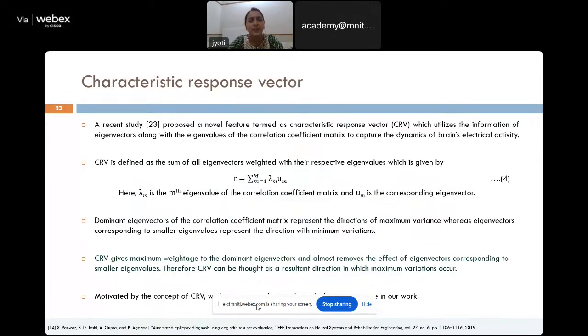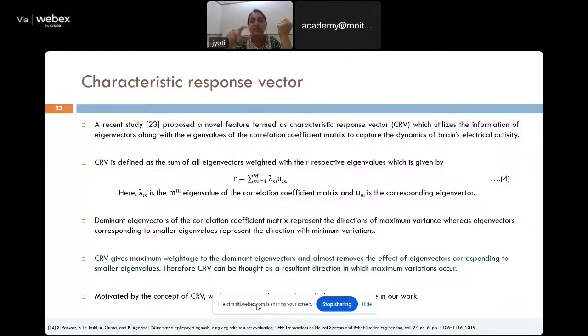The next is a very new phenomenon called the characteristic response vector. Suppose we have an edge weight matrix.